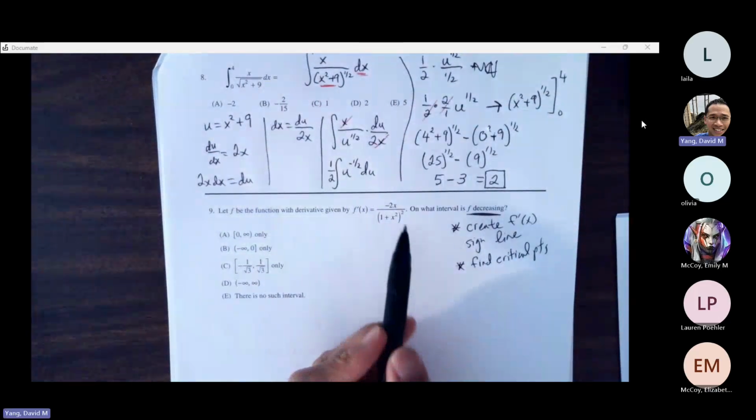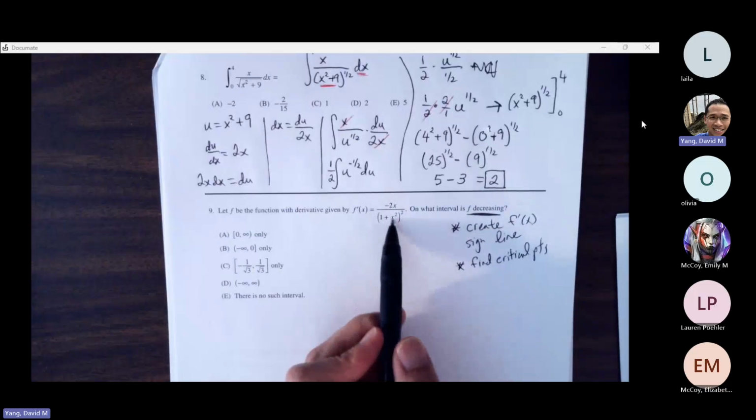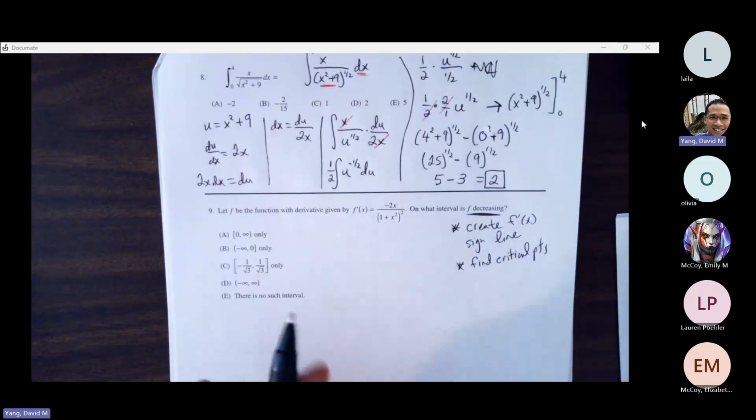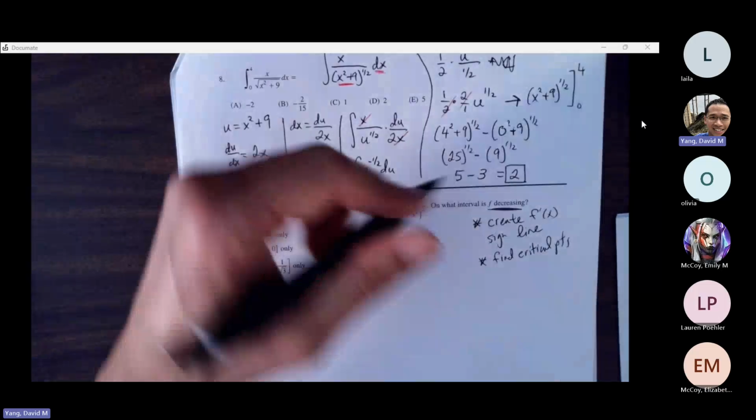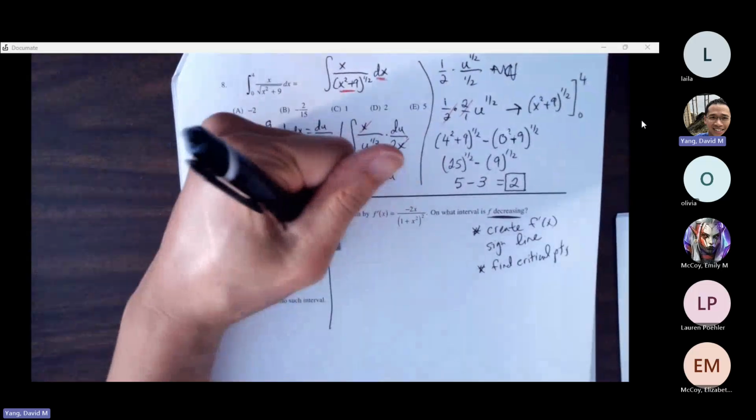So that means we're going to set the numerator and denominator equal to 0. We want to look for critical points in both locations. It doesn't mean that we're going to find them in both, but we have to at least look.